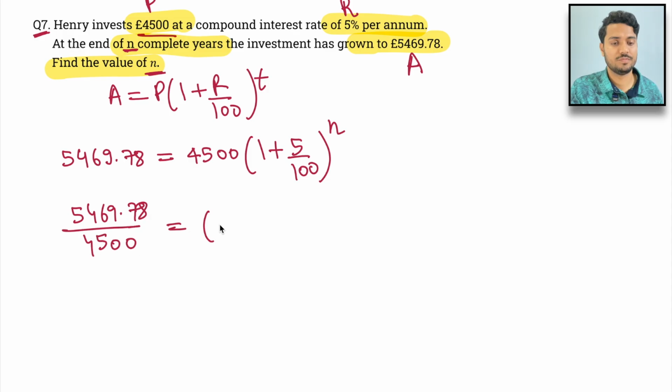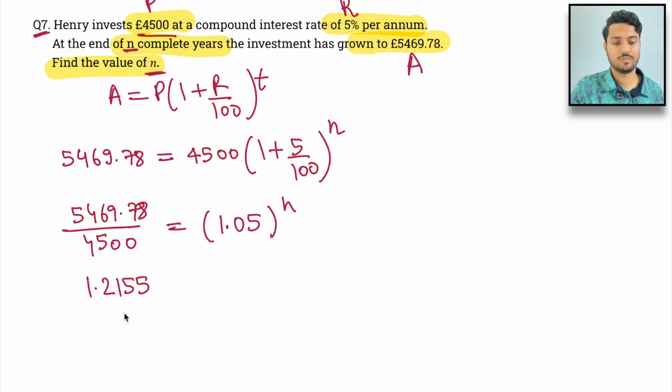So we will get 1 plus 5 upon 100, that is 105 upon 100, or we can directly write 1.05 raised to n. Let's divide this on the LHS. So we have 5469.78 divided by 4500, and the answer is roughly 1.2155.